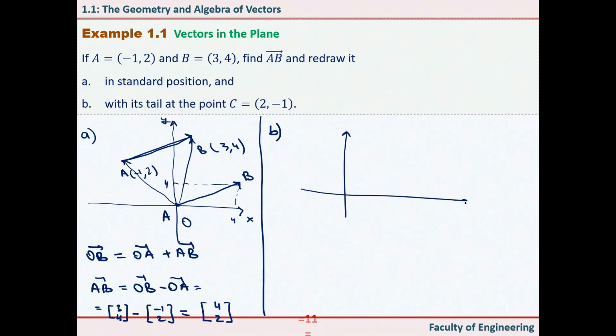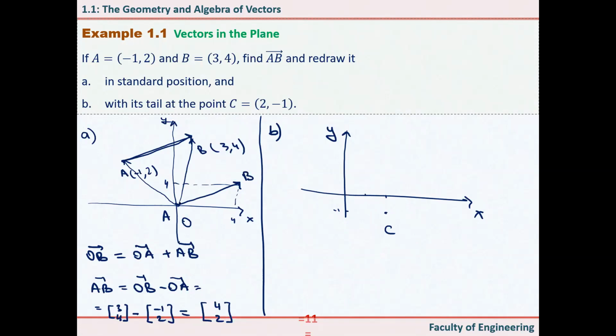My drawing is a bit off, X and Y. 2, -1, where's 2, -1? Here we have 1, 2, and this one is negative 1. So 2, -1 is here. This is the point C, right? It says with its tail at the point C equals (2, -1). So the tail of AB must be here.